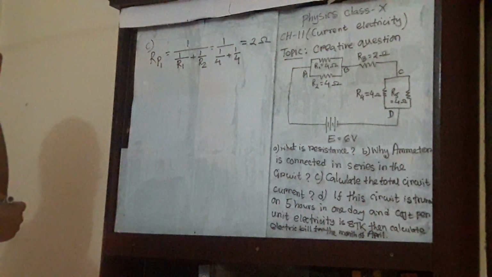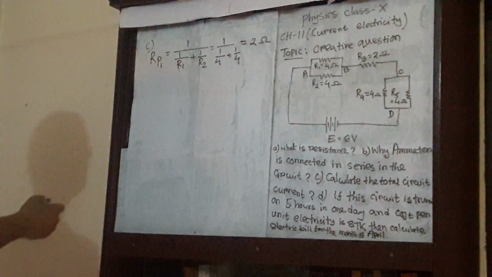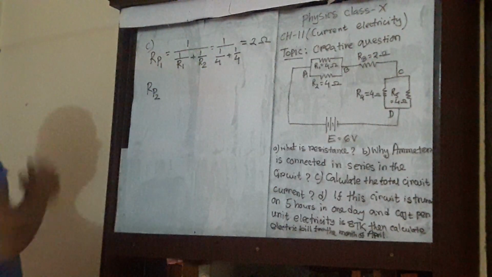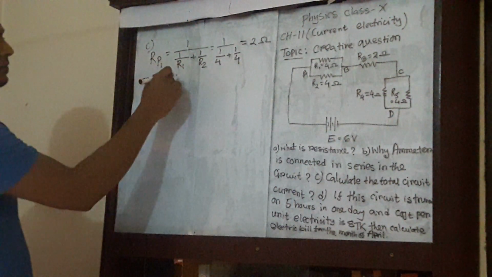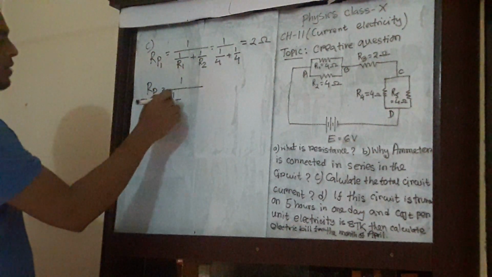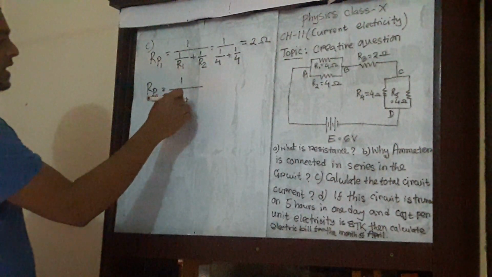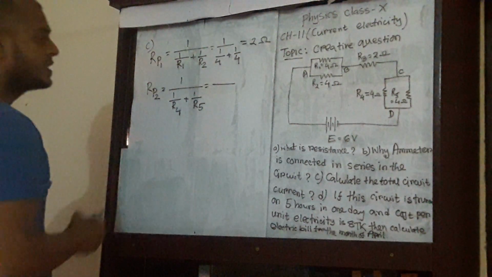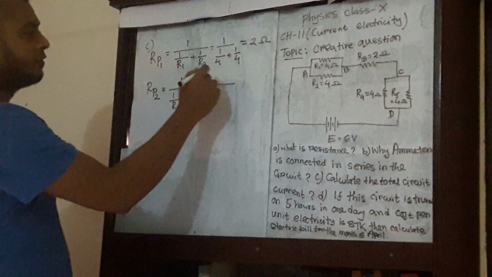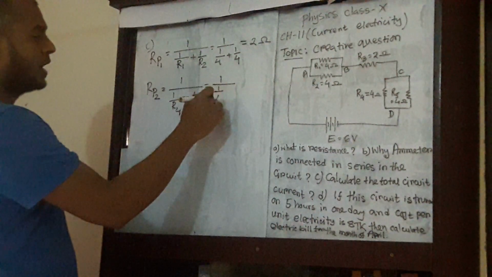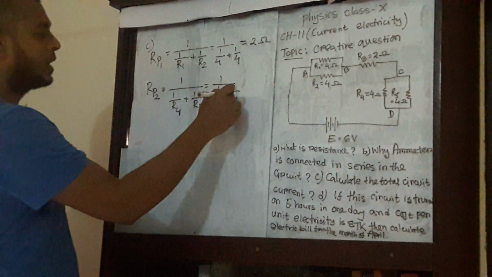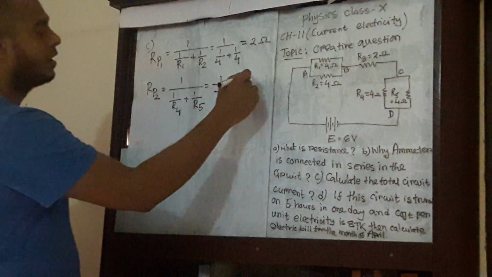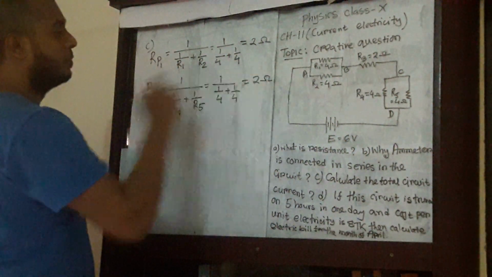Now for R4 and R5, the equivalent resistance RP2 will equal 1 by R4 plus 1 by R5. Here also the value of R4 is 4, so 1 by 4 plus 1 by 4, so the equivalent resistance is also 2 ohm.